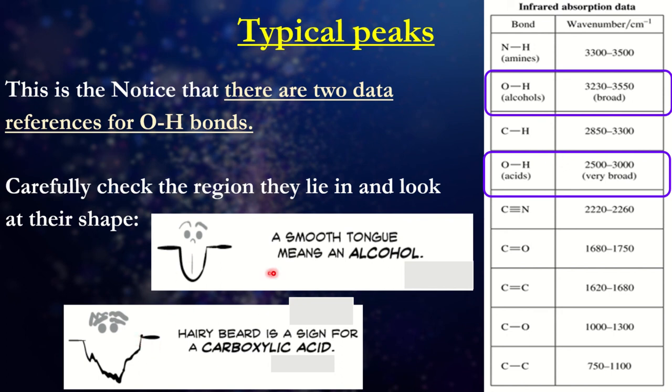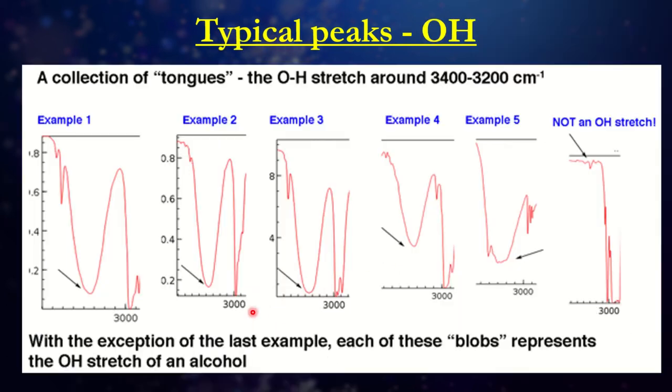So that's where you can see the OH bond, but it can imply two different types of functional groups. If we have a look, that is an example of the alcohol group there. That's another example, that's another example, that's another example there.